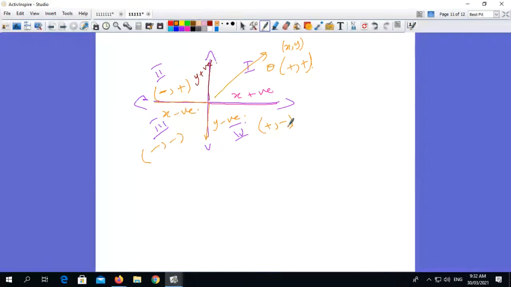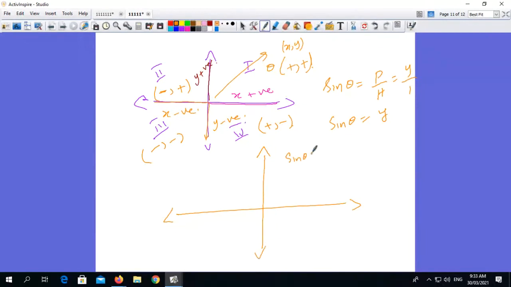So sin theta can be written as p by h, or y by 1, so sin theta equals y. In the first quadrant, sin is positive because y is positive. In the second quadrant, y is positive, so sin theta is positive.